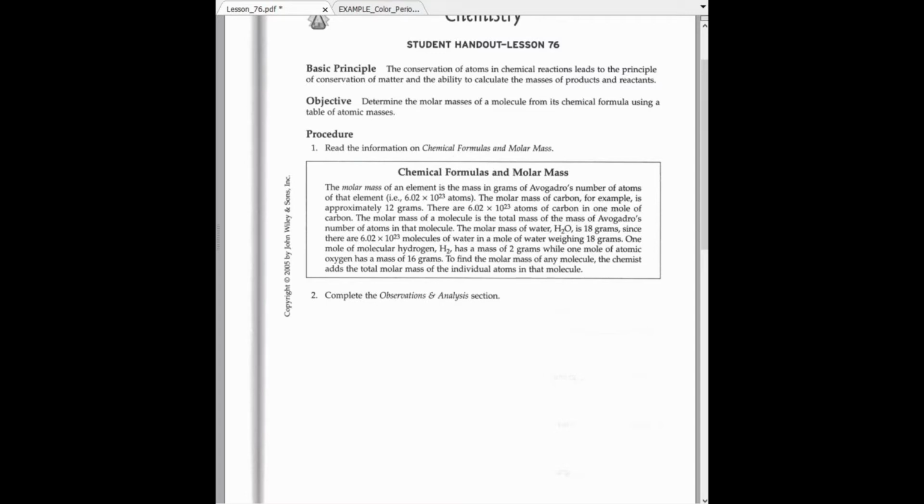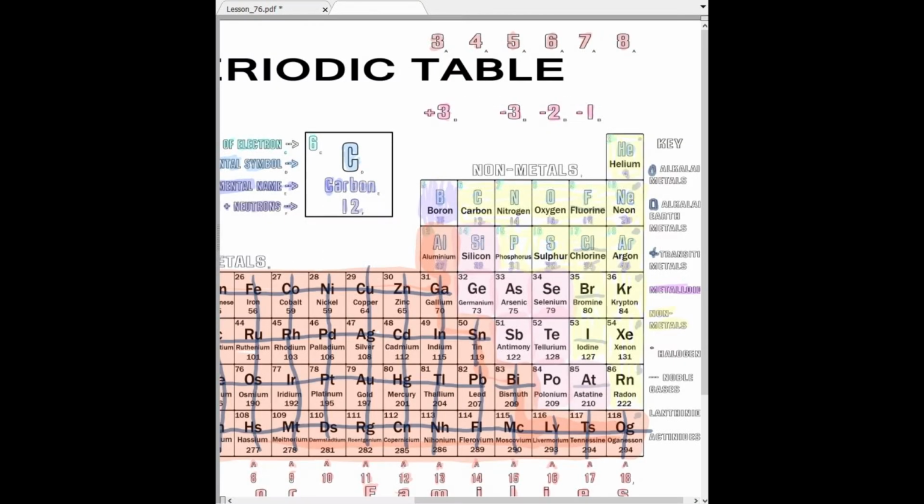Today we're going to focus on molar mass and figuring out how much a chemical formula or chemical compound would weigh. Each unit on the periodic table has an atomic mass, and we're going to refer to that in grams.